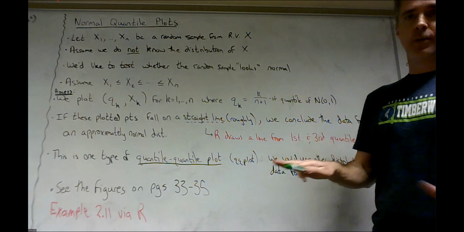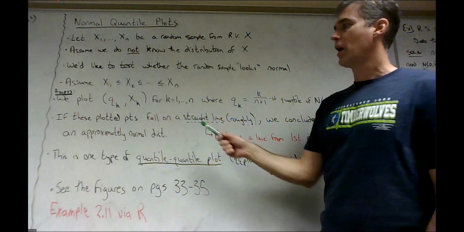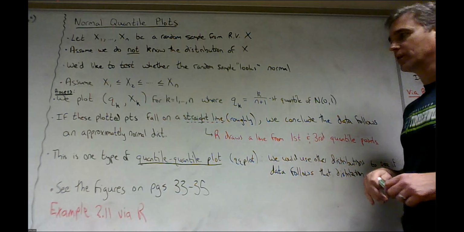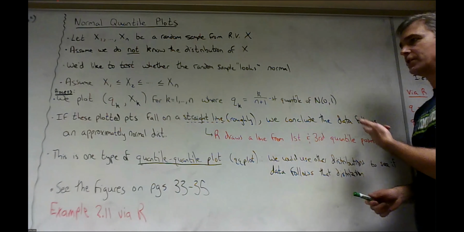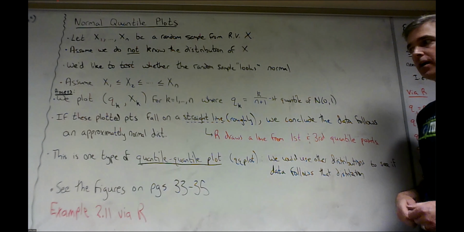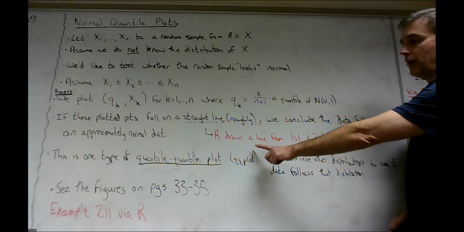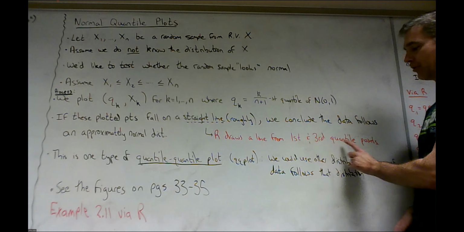All right, so we're going to calculate a bunch of Q sub k's and plot these points on a graph. If these plotted points appear to fall on a straight line, we're going to conclude that the data follows an approximately normal distribution, okay? When we do this, R is going to draw a line from the first and third quartile points.